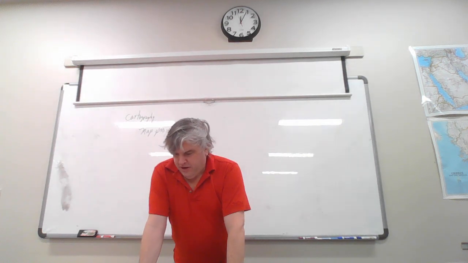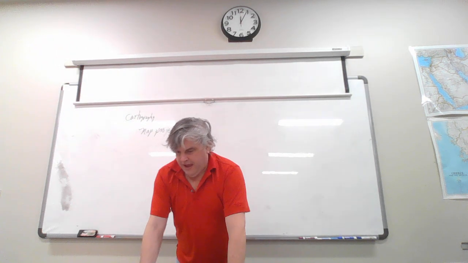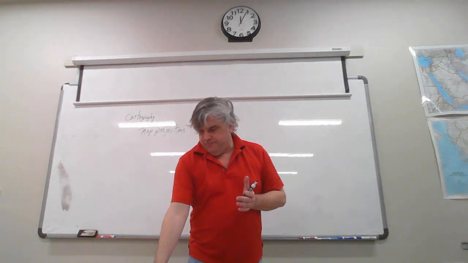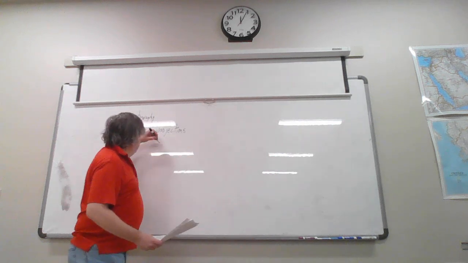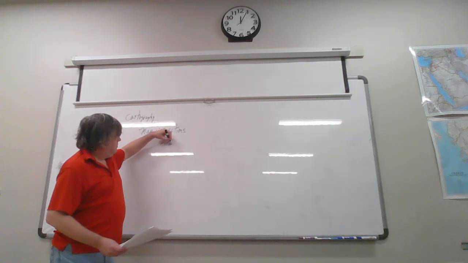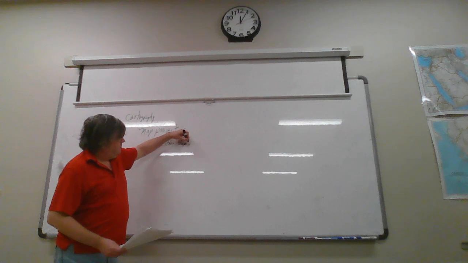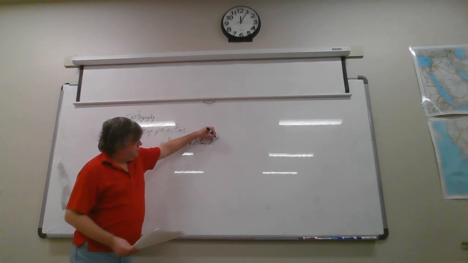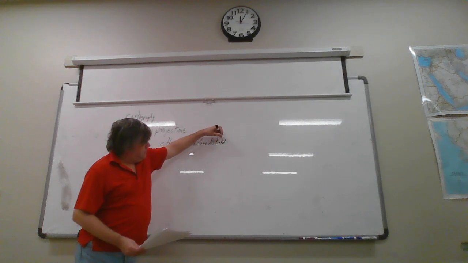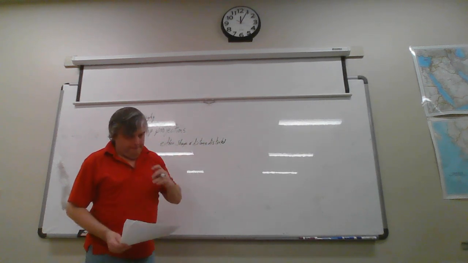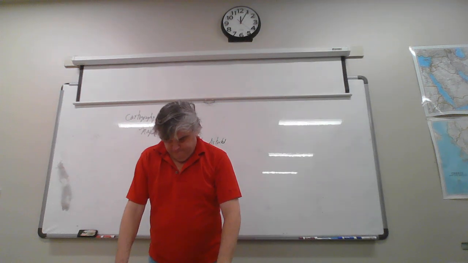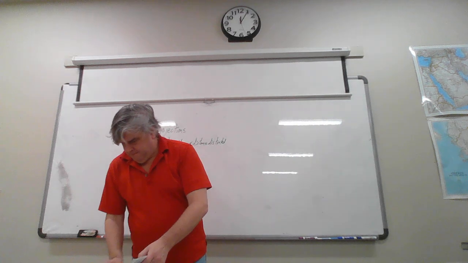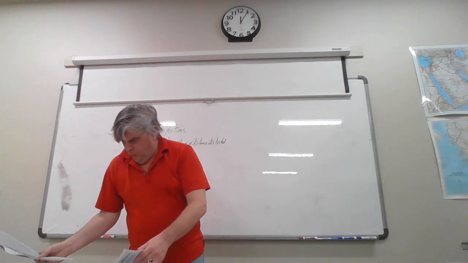So flat maps cannot portray both exact shape and exact distance. Either one or the other will be distorted. I go here to Appendix 1 in the back of the book.